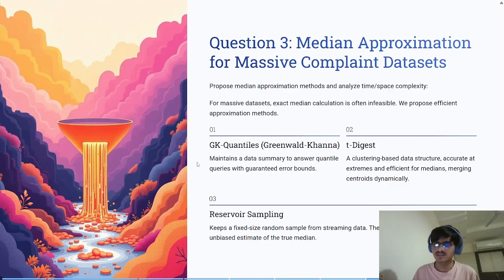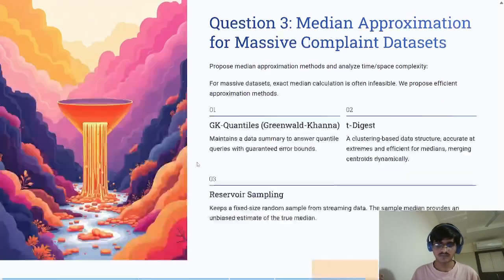T-digest is a clustering-based data structure, accurate at extremes and efficient for medians, merging centroids dynamically. Reservoir sampling keeps a fixed-size random sample from streaming data. The sample median provides an unbiased estimate of the true median.